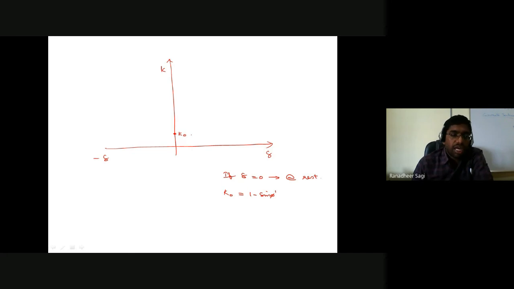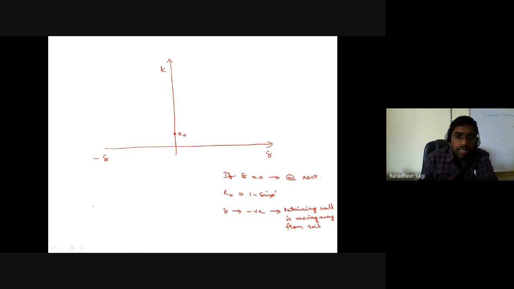And what is going to happen here is, if the retaining wall is moving away, delta is indicated as negative. Delta is negative, indicating that the retaining wall is moving away from the soil.